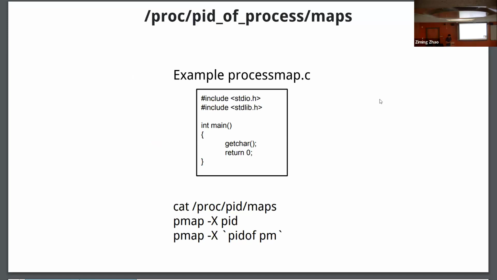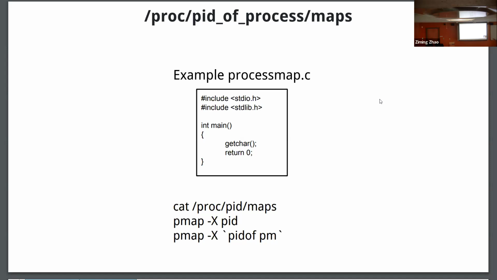So let's take another concrete example. We're going to look at this program's memory map. This is a very, very simple program. It doesn't do anything actually. It will ask for a character from the terminal. getchar will ask for your input from the terminal, just one character.